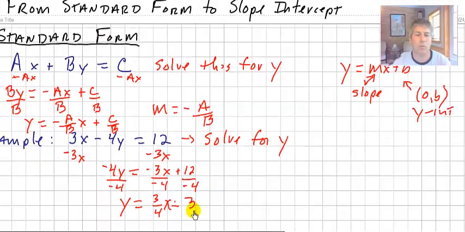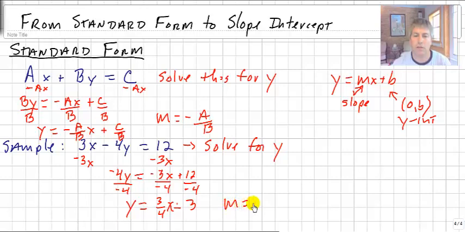So now we're in slope-intercept form, and you guys would tell me the slope is 3/4. Well, didn't we know back here at the beginning that a was 3 and b was negative 4?